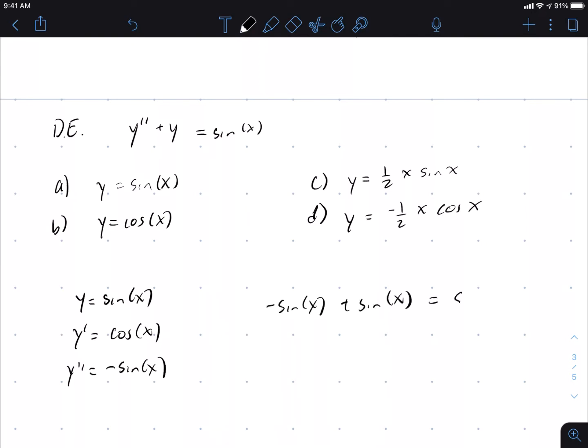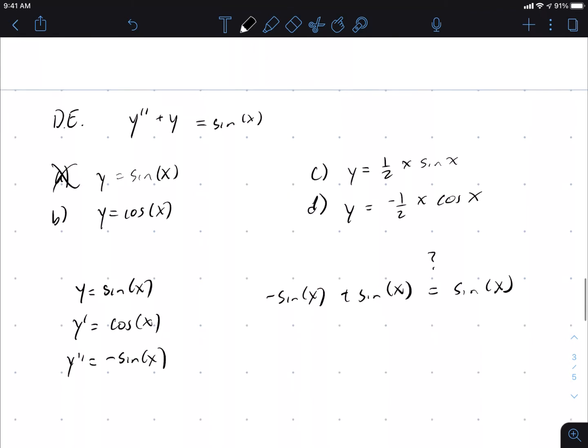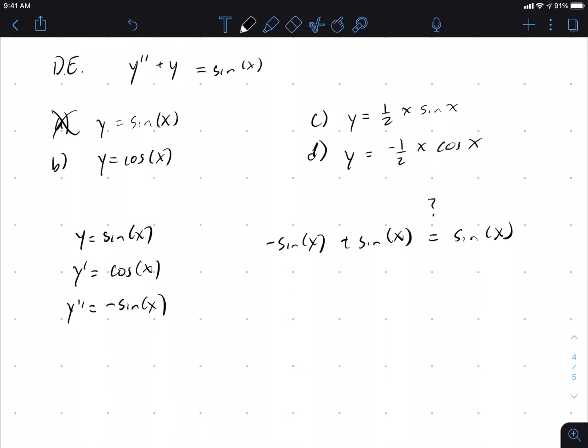Is that equal to sine of x? No. A is zero. That doesn't work. Are you following the process? Yeah, so we have to try and substitute every one of these possibilities.